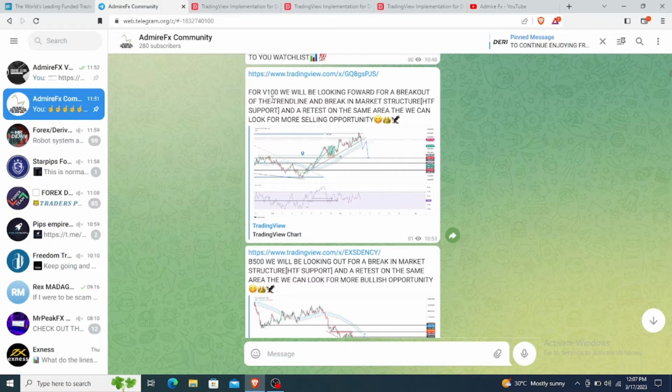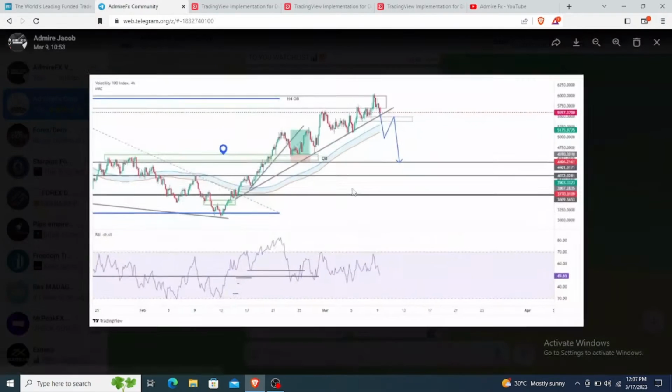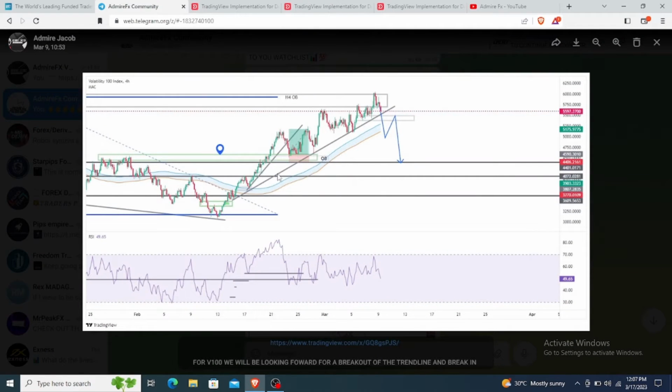So I sent these projections to them. For V100, we'll be looking for a breakout in the trend line, and this is the projection which I sent with the chart. I love sending my projections with the chart so my mentees can learn properly and also see how I'm able to analyze it too.